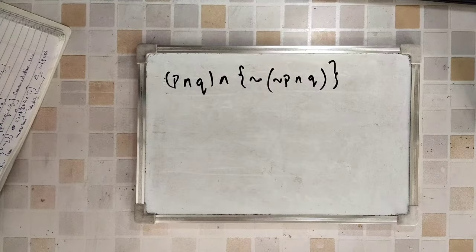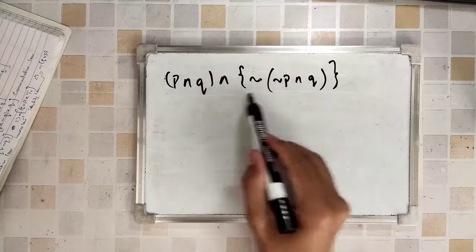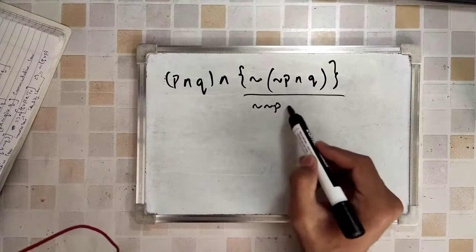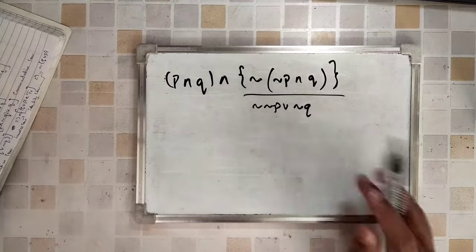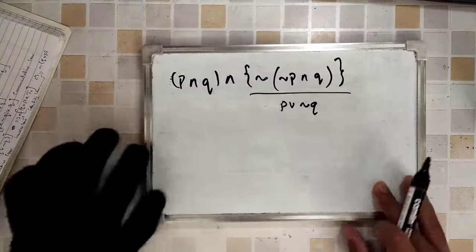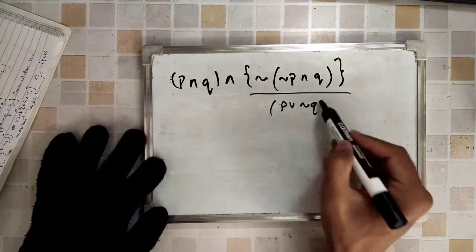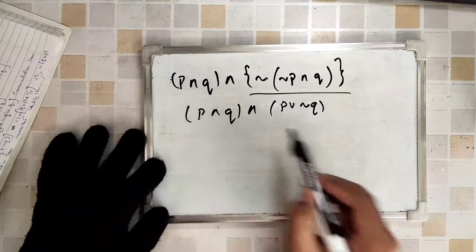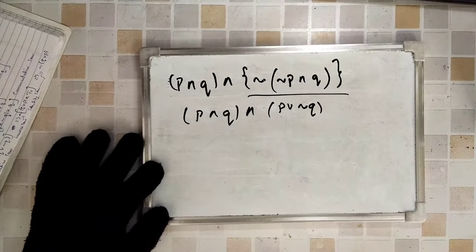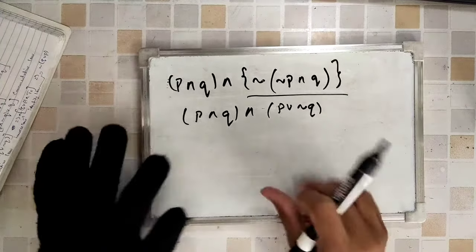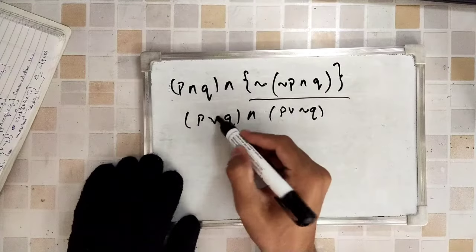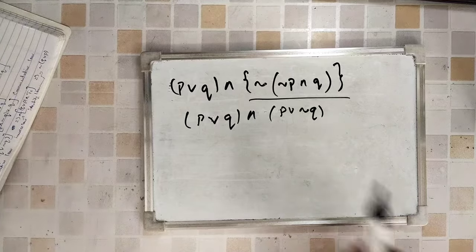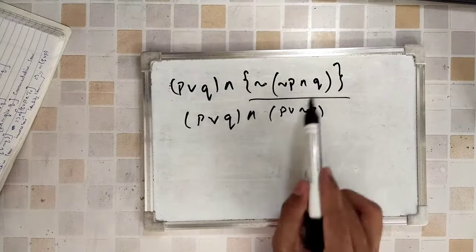First let me take the negation of this thing here. The negation is double negation of P, which becomes P, and negation Q, since with double negation only the single remains. Sorry, I copied it wrong, it is P or Q, not P and Q. So P or Q, and this thing I simplified into this.